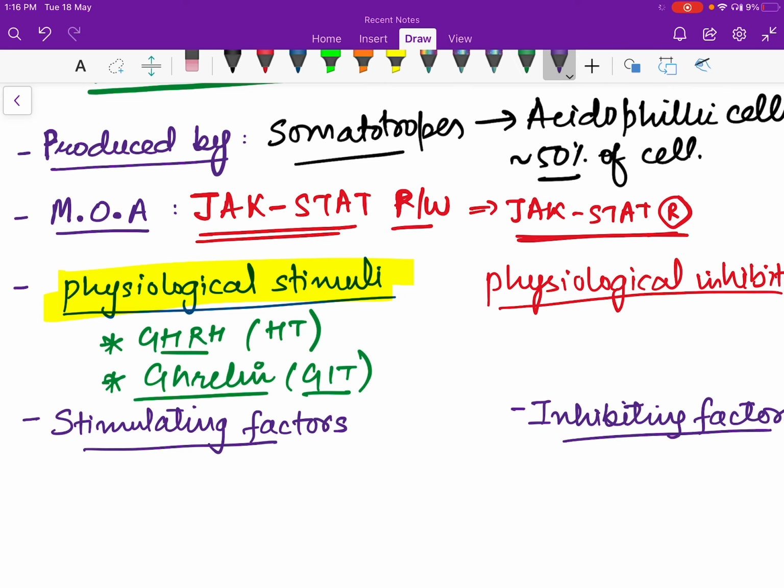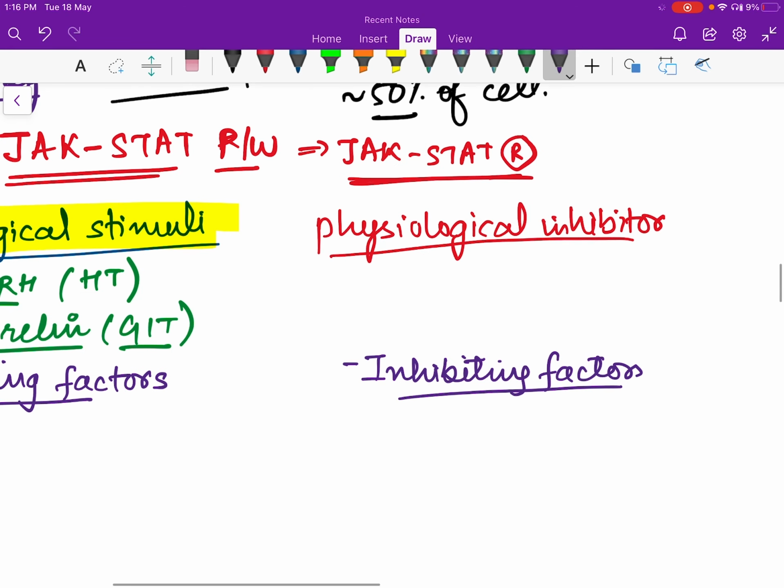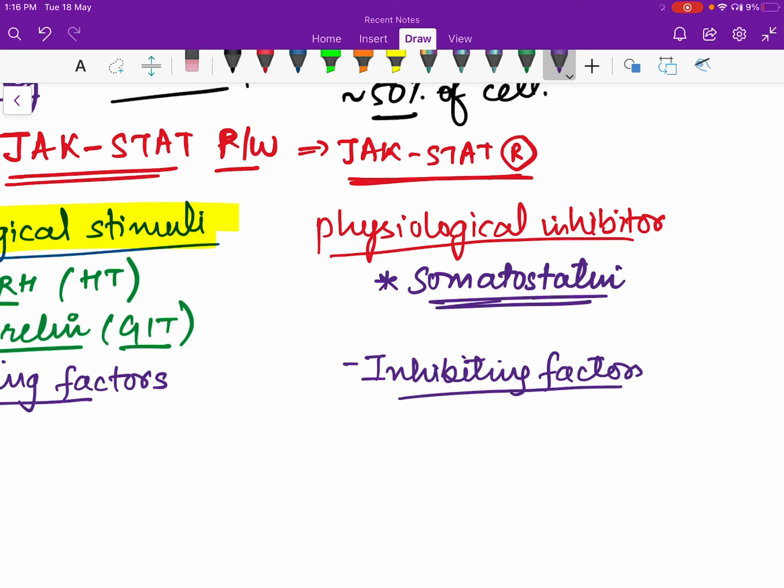What are the physiological inhibitors? We have one physiological inhibitor called somatostatin. In the last section, we saw the receptors for somatostatin are inhibitory G protein coupled receptors, so they decrease the production of growth hormone.